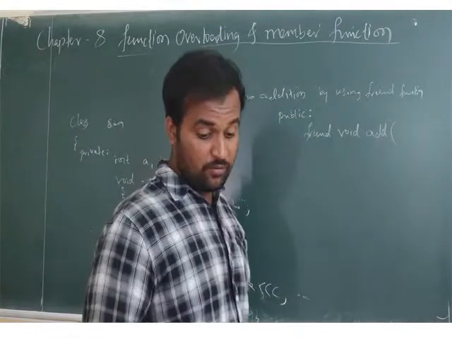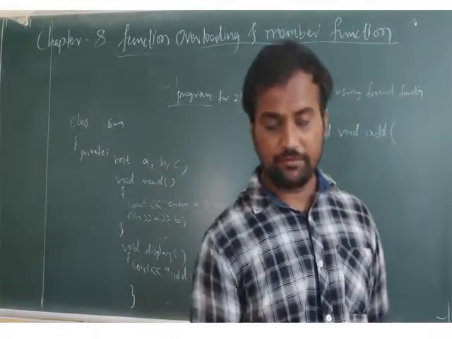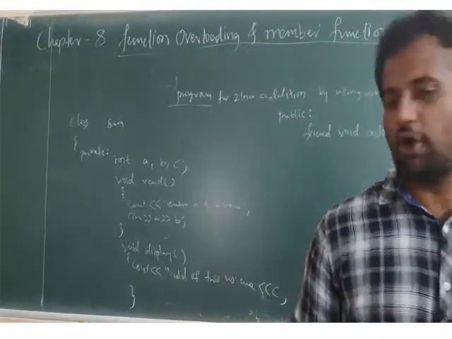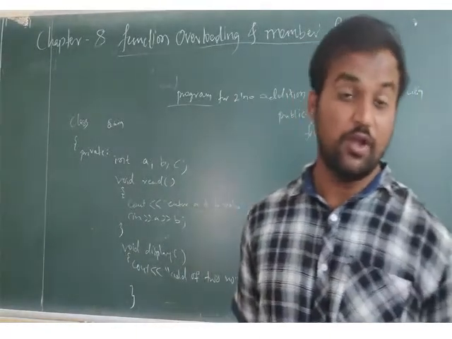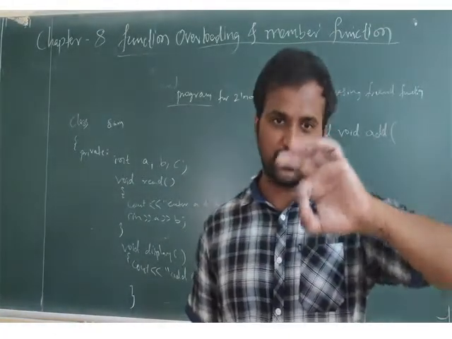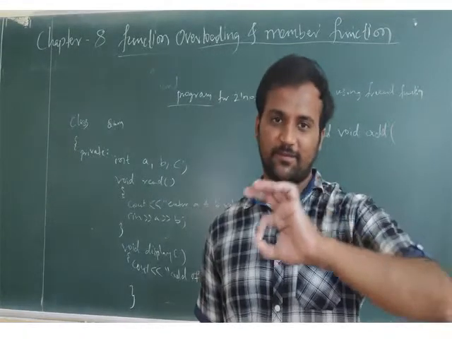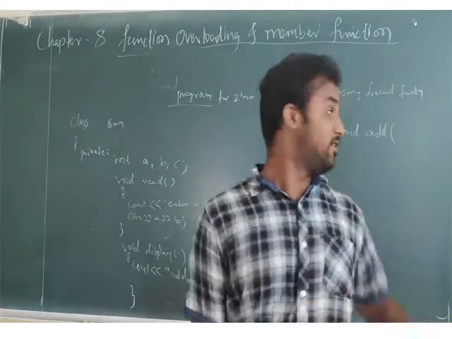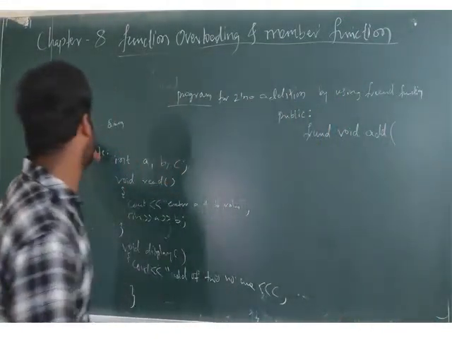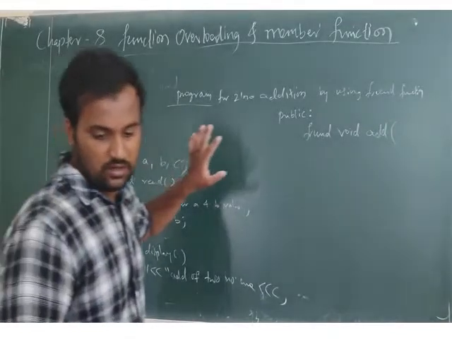And here we should create an object. I already told you: object dot member function name it will take. But not in void main, we are still in the class only.